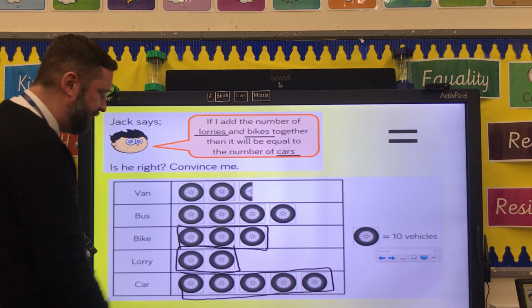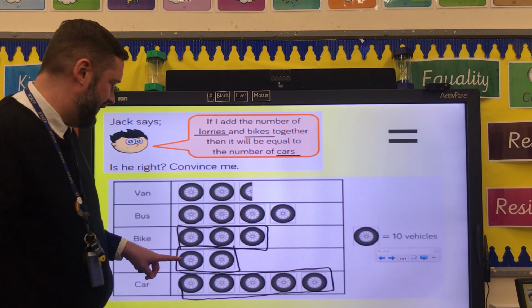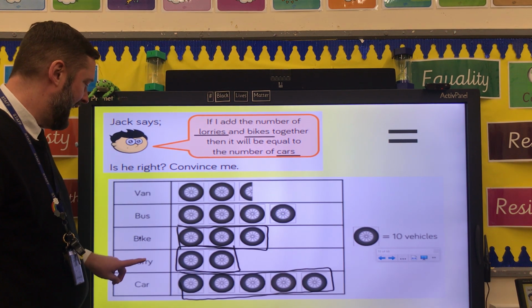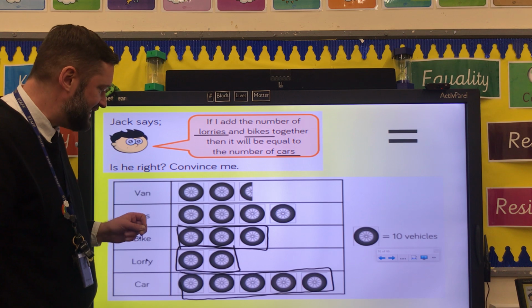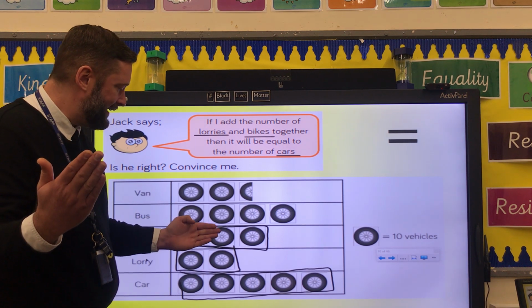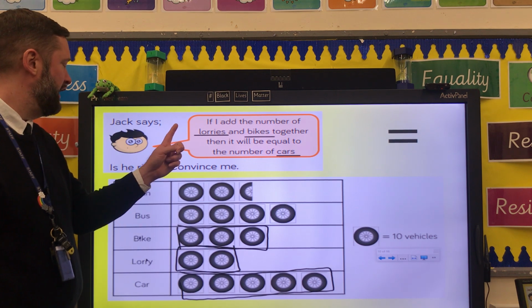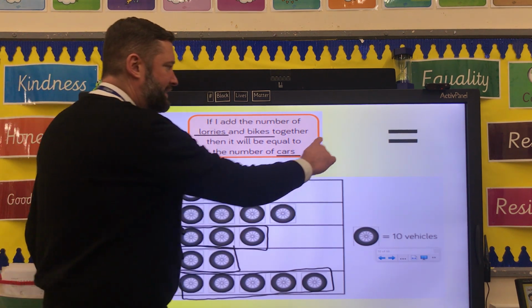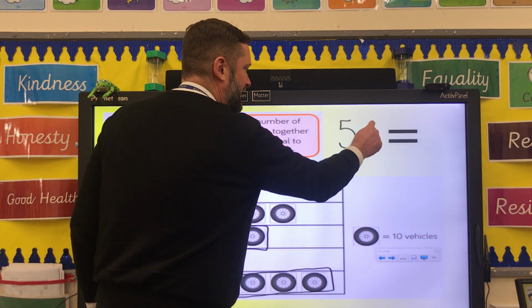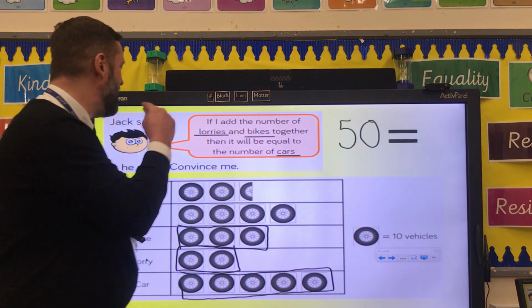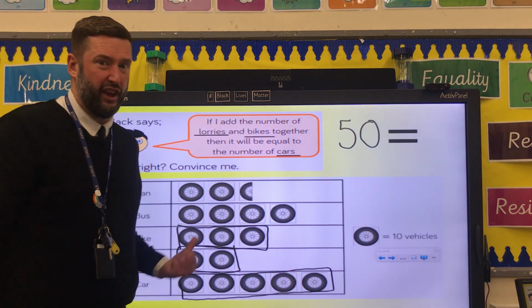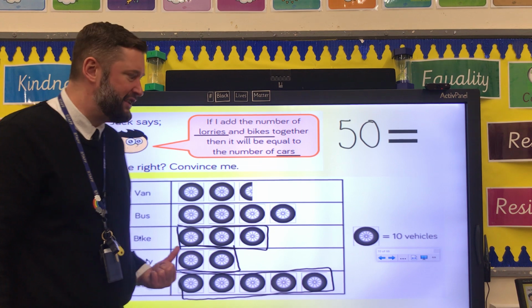Okay. Well, first of all, let's add together the bike and the lorry rows. Are you ready? 10, 20, 30, 40, 50. So the lorries and bikes make 50. So if Jack's correct, the car row should be 50.